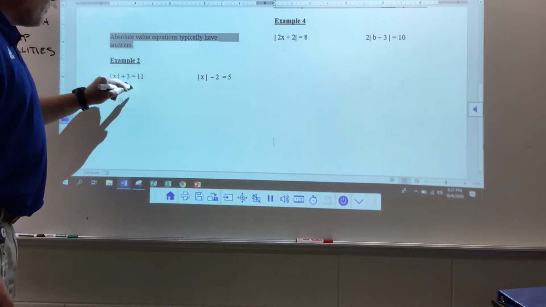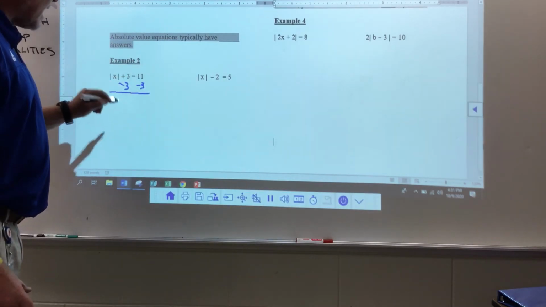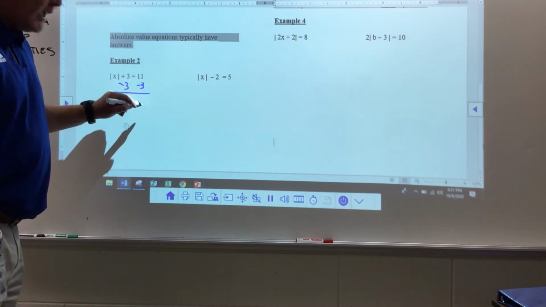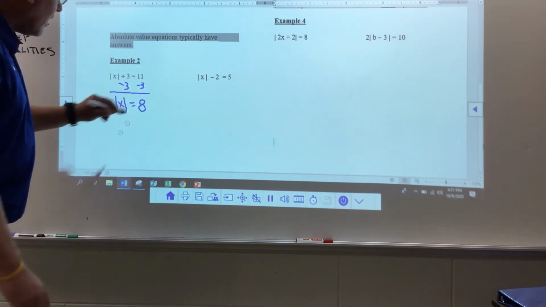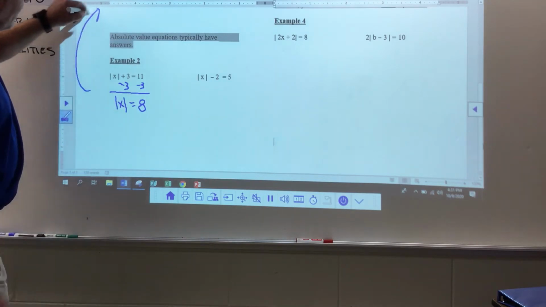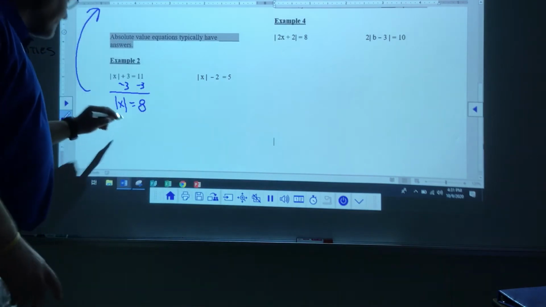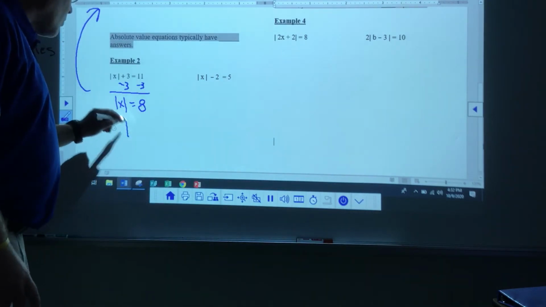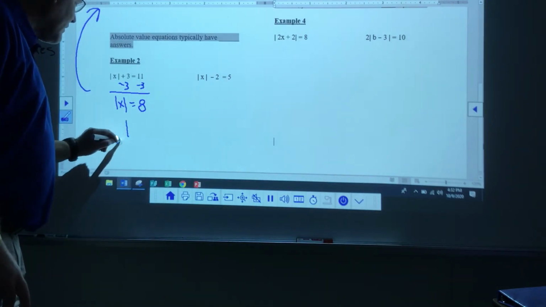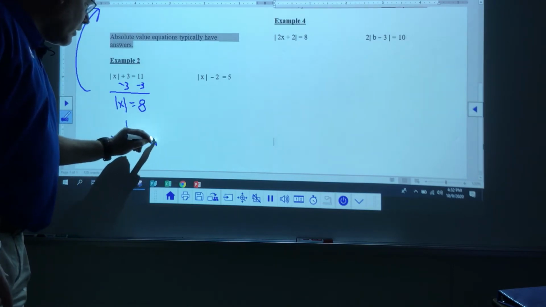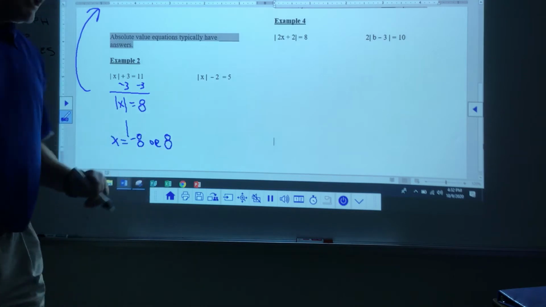So if we went ahead and subtracted 3 from both sides, we'd have the absolute value of x is equal to 8. And again, that looks like something that you did up there. So hopefully you'll be in good shape and can go ahead and figure out what 2 numbers go in there. You could say that x is going to equal negative 8, or x can equal positive 8.